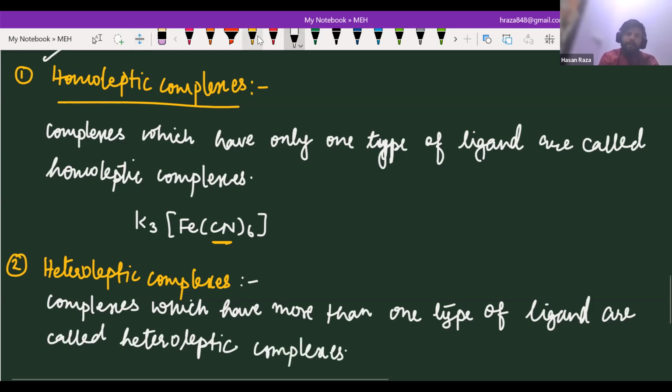As for example, we can take Co(NH3)4Cl2. So if more than one type of ligand is there, that is heteroleptic, and if one type of ligand is there, that is homoleptic. Is that clear? Yes, sir.